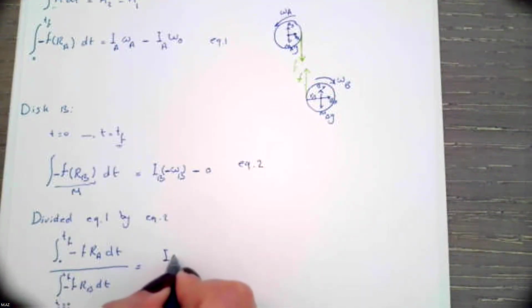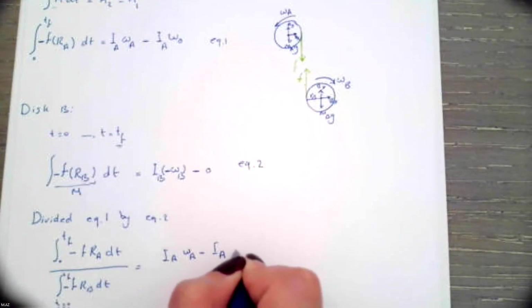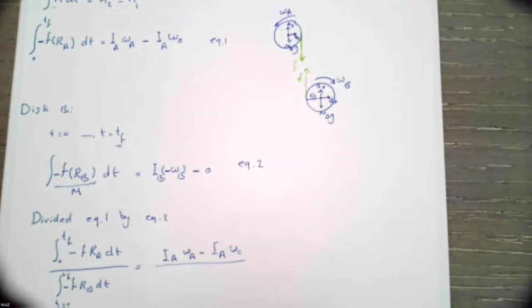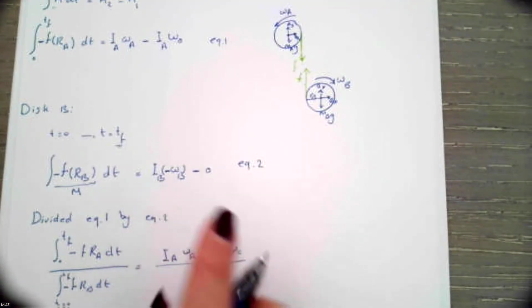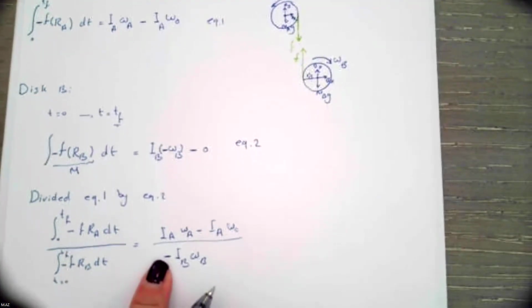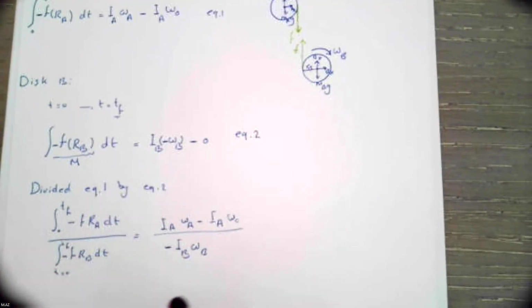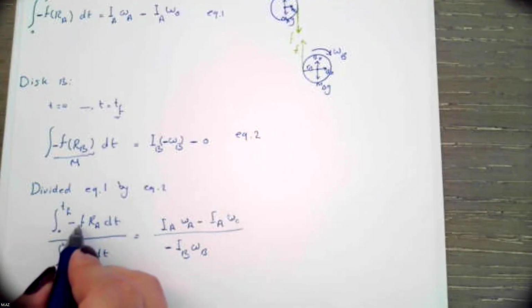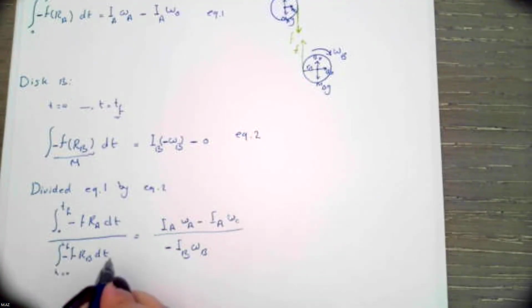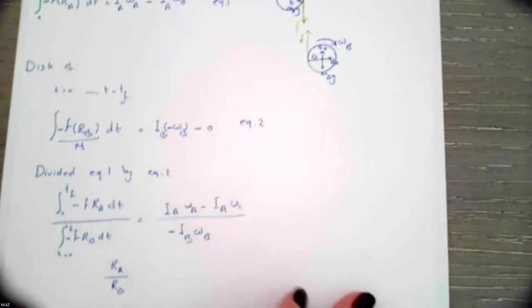Now for the top, we have I_A omega A minus I_A times the initial angular velocity for disk A. For disk B, we just have I_B times omega B, and this negative is related to the clockwise rotation of disk B. Once we divide these two equations, the friction and dt will be cancelled out, and we have R_A over R_B, the negative is cancelled.